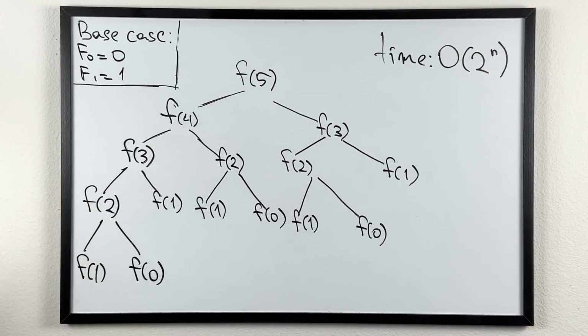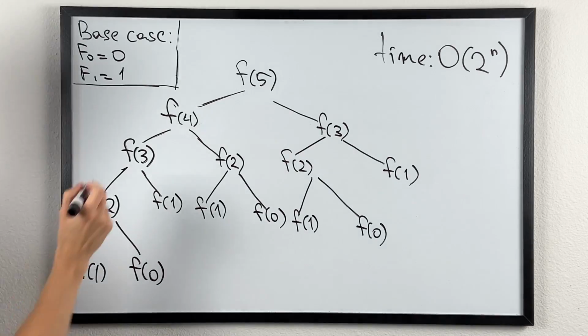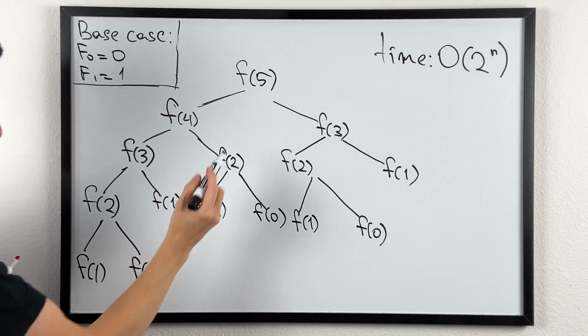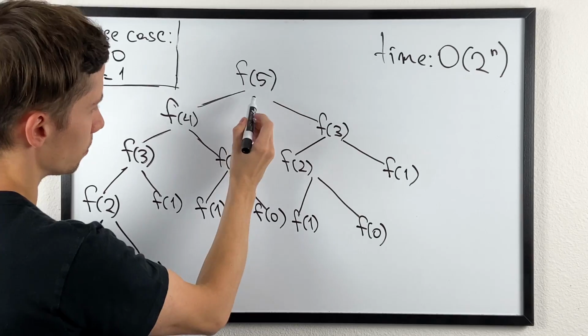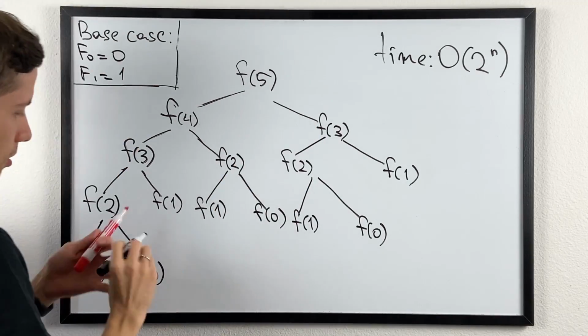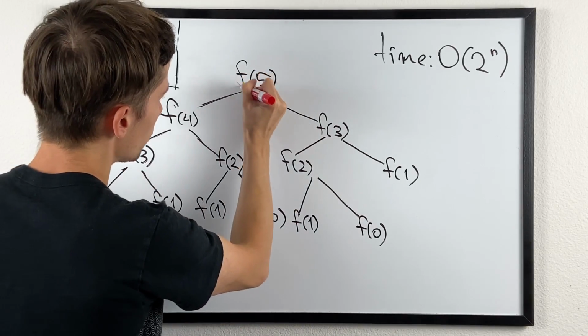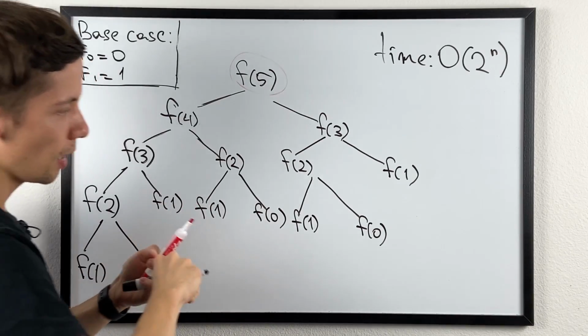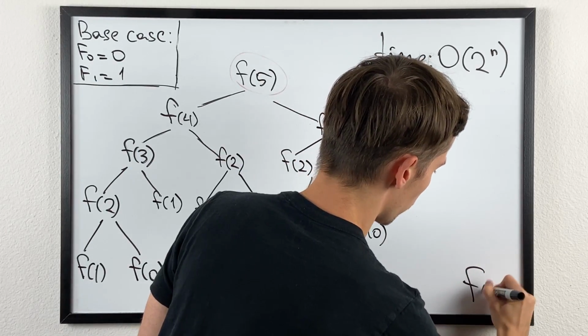What about the space complexity? In order to understand the space complexity of our program, let's visualize what's happening with the memory stack during this computation. So we're finding Fibonacci of 5. First, this function is called, Fibonacci of 5, and it gets placed on the memory stack over here.